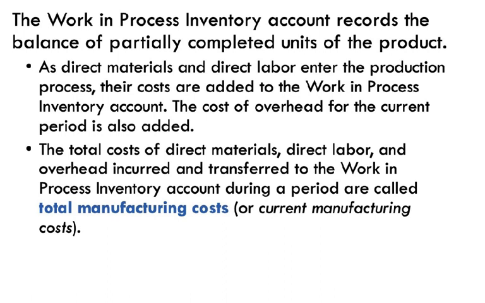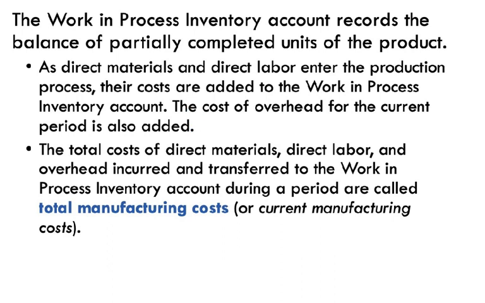Okay, so as direct materials and direct labor enter the production process, their costs are added to the work in process inventory account. The cost of overheads for the current period is also added.